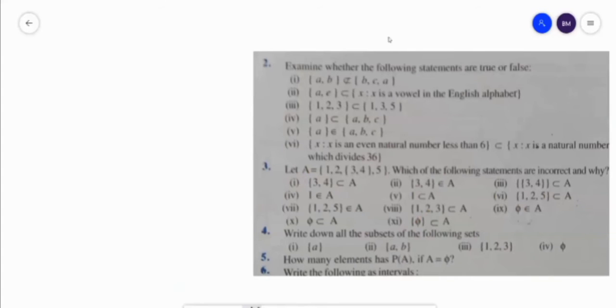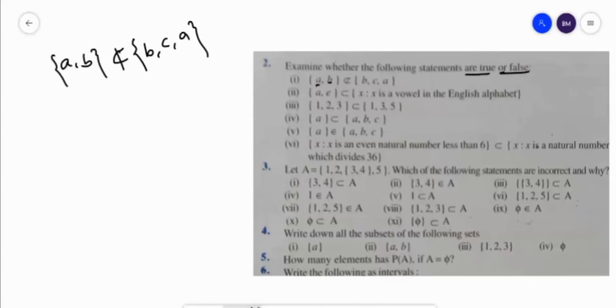Next is question number 2. Examine whether the following statements are true or false. Check that {A, B}, this is given, is not a subset of {B, C, A}, which is the other set given.